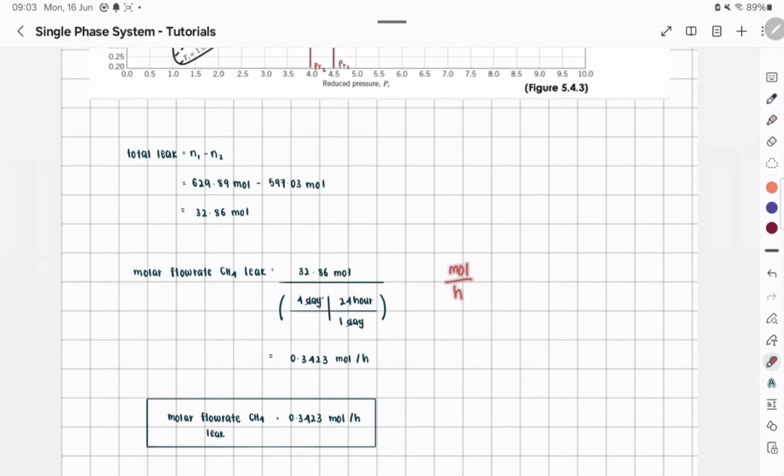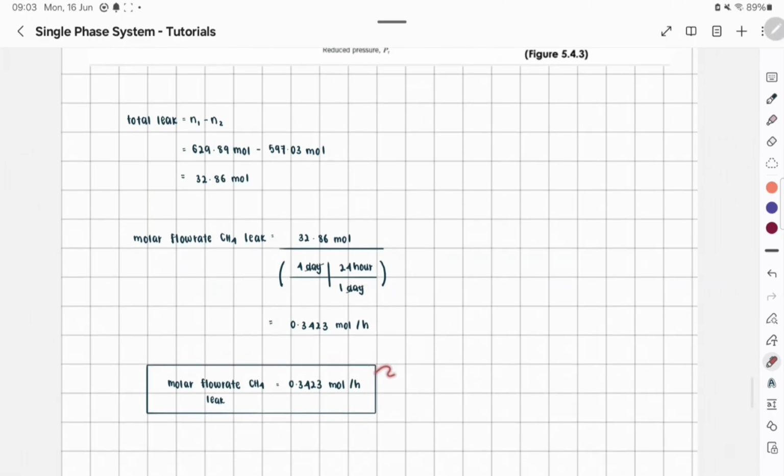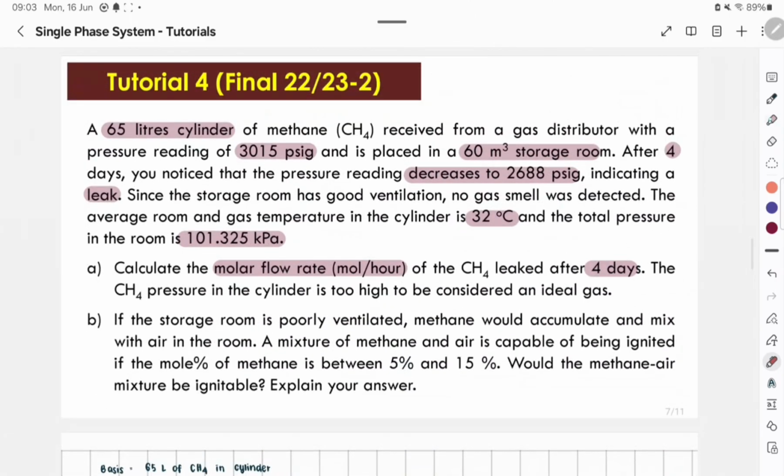So we do conversions here: 4 times 24 hours, then we calculate the molar flow rate. So we get the molar flow rate of methane that leaks is 0.3423 mole per hour.